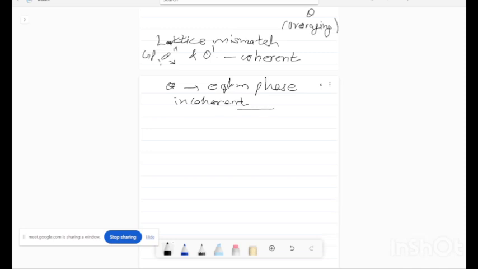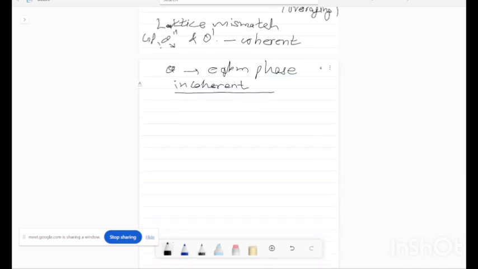So that's why the theta phase is not preferred in most of the cases. Only the theta prime which is achieved at the peak hardness is preferred. So first is the coherency strengthening.